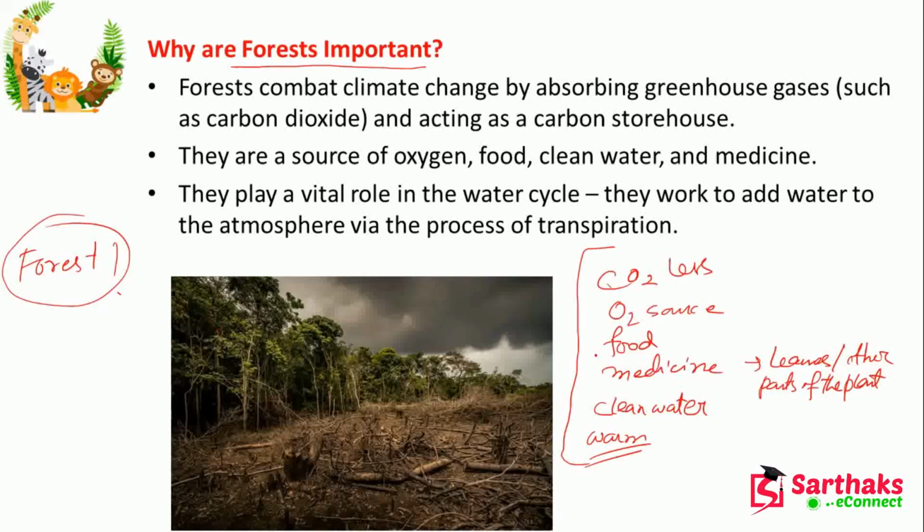Lots of plants, and they are giving us the food also, medicines also, clean water also, they are maintaining warmth, controlling atmospheric global warming. So they play a vital role in the water cycle also. They add water to the atmosphere via the process of transpiration. So what more do you need? So many things they are doing already.